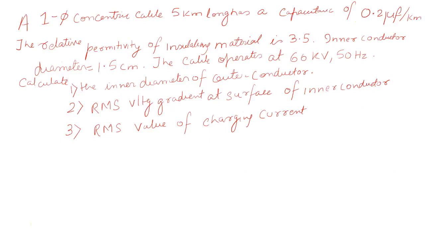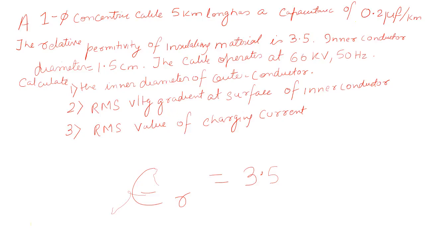A single core concentric cable of 5 km length has a capacitance of 0.2 microfarad per kilometer. The relative permittivity of the insulating material is 3.5, so epsilon r is 3.5. It is given that the inner conductor has a diameter of 1.5.